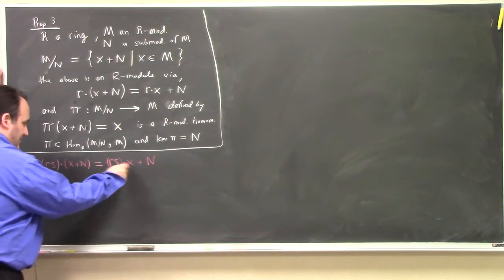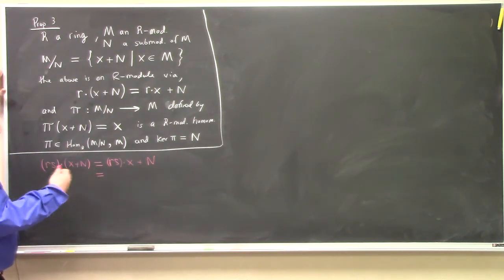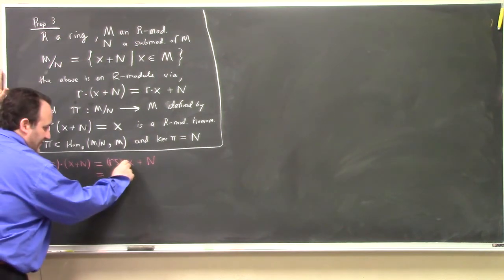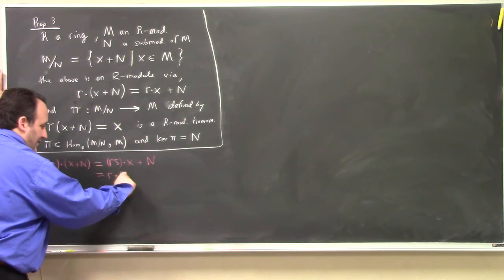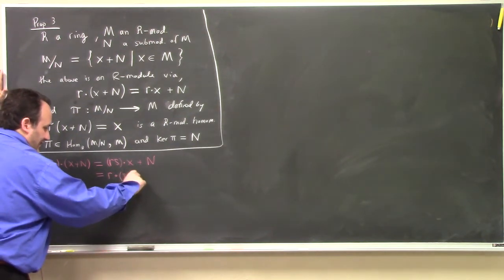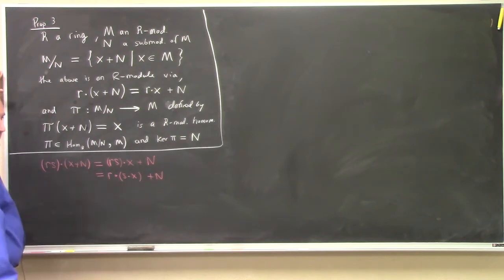And then, because this is ring multiplication, using the corresponding axiom for the module action on M, this is R acting on S acting on x, using axiom 1 or 2, I forget which one it is.